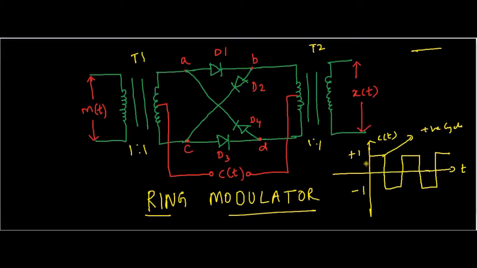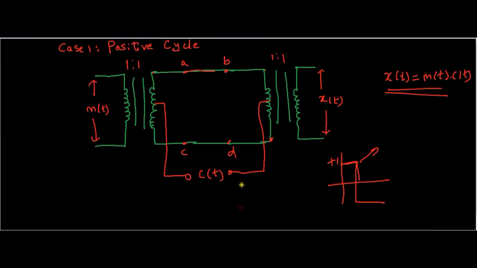Let's see the working of the ring modulator circuit in the positive half cycle of the carrier signal. During the positive half cycle, the diodes D1 and D3 are forward biased, whereas diodes D2 and D4 are reverse biased. So we get the ring modulator in this format.